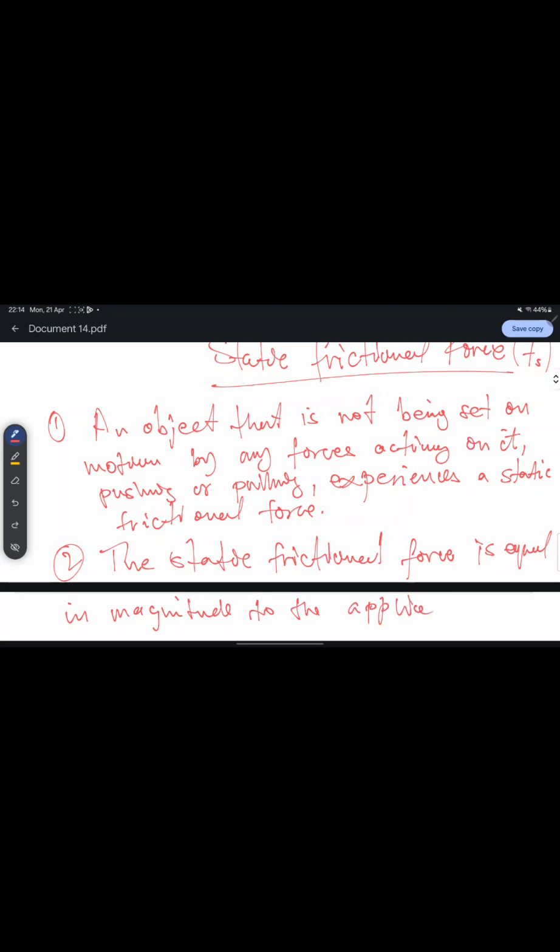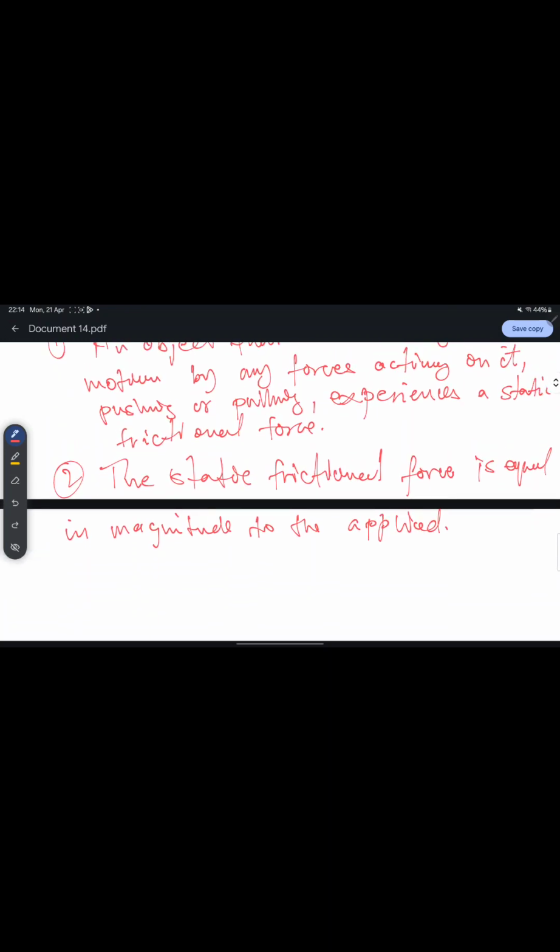That is Newton's law of motion, which we're going to talk about. It means Fs is equal to Fa if the object is not yet moving.